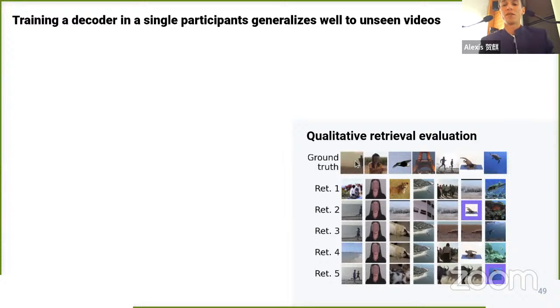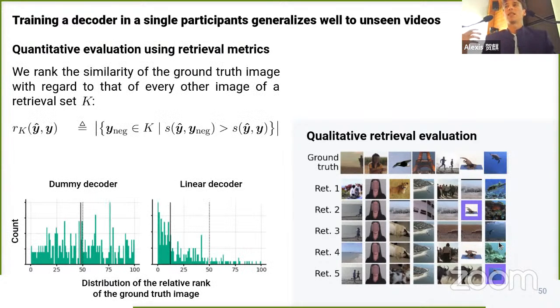I'll let you appreciate the fact that, for instance, in this column, the person is seeing a soldier running in a field, and the retrieved images are images of people running by the sea. When they see pictures of animals, we retrieve pictures of animals. Underwater pictures, we retrieve underwater pictures. And this gives us a natural way to try and quantitatively evaluate these decoders.